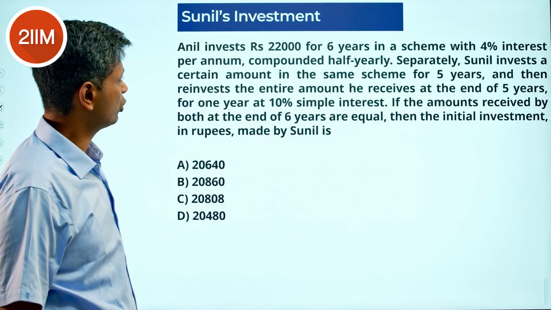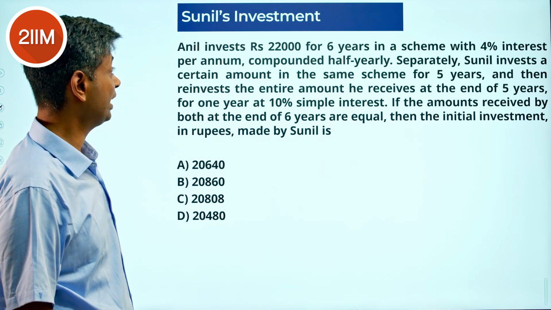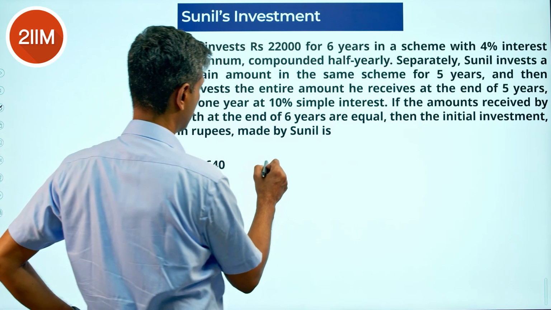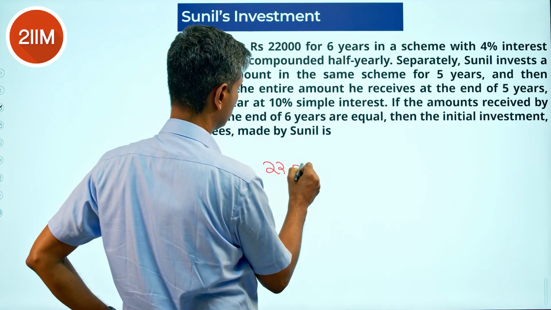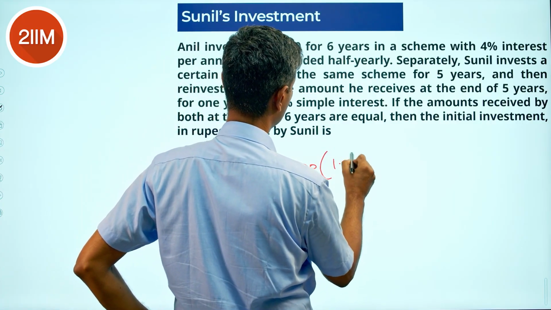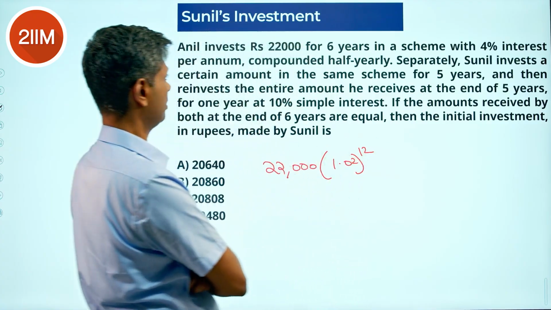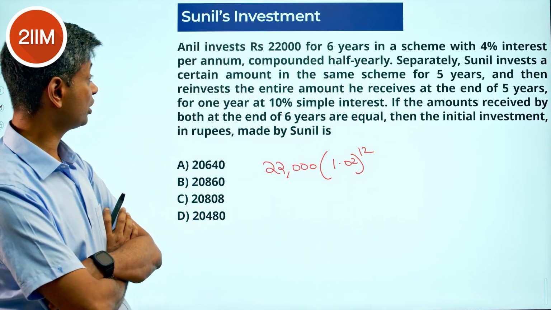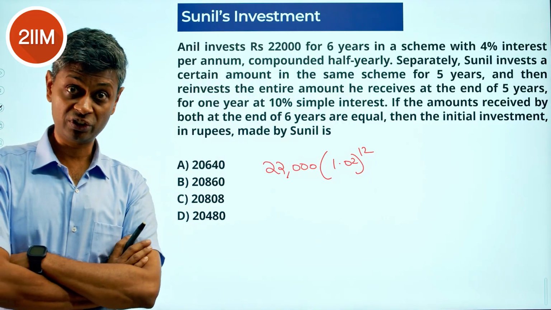Anil invests 22,000 for 6 years in a scheme with 4% interest per annum, compounded half yearly. Okay, so Anil will get 22,000 into 1.02 to the power 12. 4% per annum, compounded half yearly, right? Separately, Sunil invests a certain amount in the same scheme for 5 years.